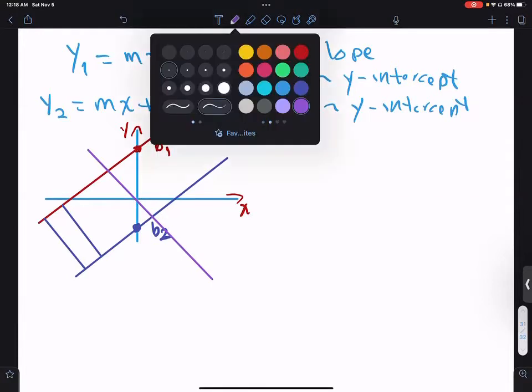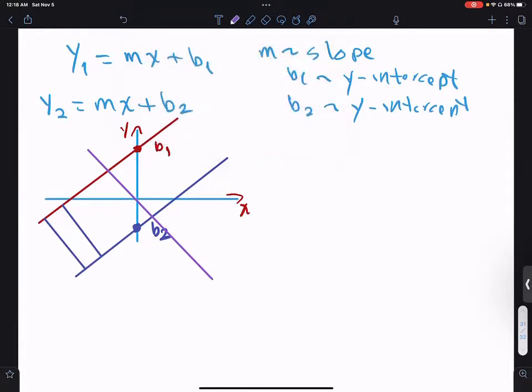Now, the perpendicular line has the opposite reciprocal of the slope, which is going to be negative 1 over m. That's the slope of the perpendicular, times x plus 0, because the y-intercept in my particular case is 0.